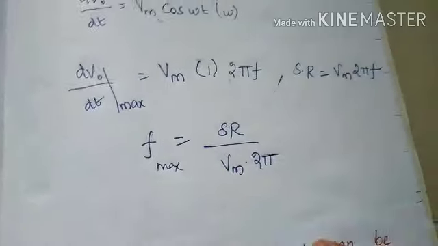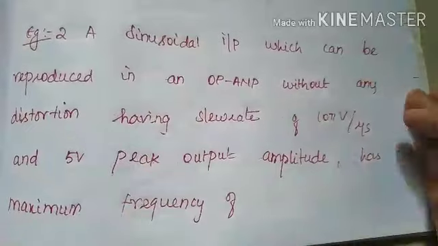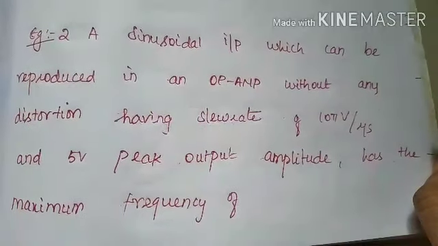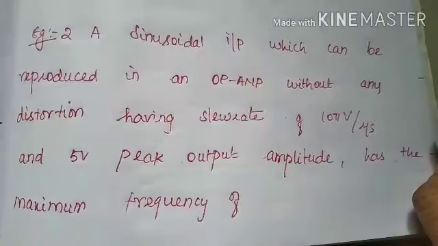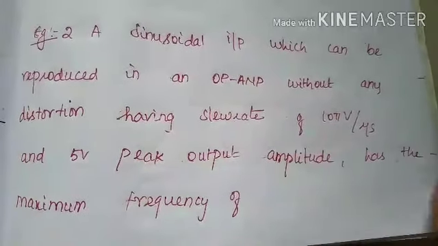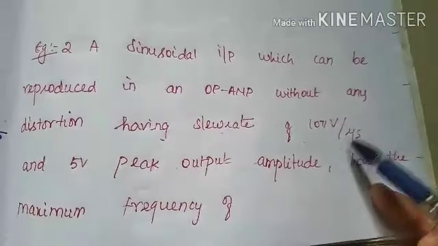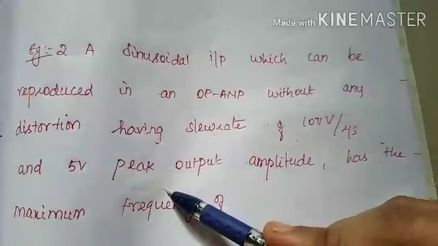Right? Now we will see one problem based on this formula. Listen to the problem carefully. A sinusoidal input can be reproduced in an op-amp without any distortion, having a slew rate of 10 pi volt per microsecond and 5 volt as the peak output amplitude.